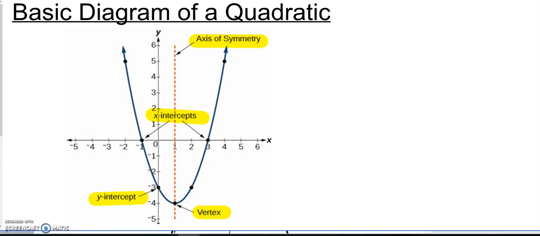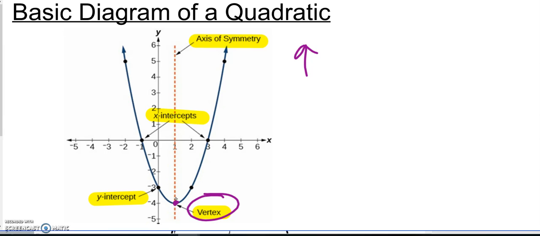But on that axis of symmetry is the vertex, and that's always a very important point because on your parabola it's the turning point. It's where it turns from one direction to the other. But basically it's on that axis of symmetry, and on your parabola, if it opens upward, which this one does, we'll talk about that in a second, it is the lowest point of your graph. Okay, so that is the vertex.